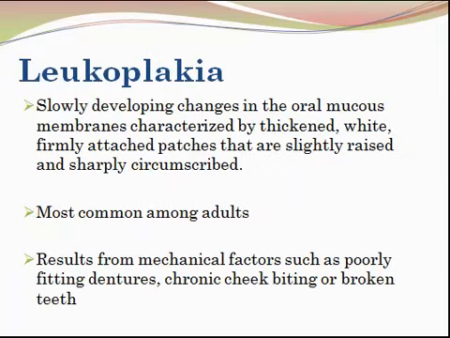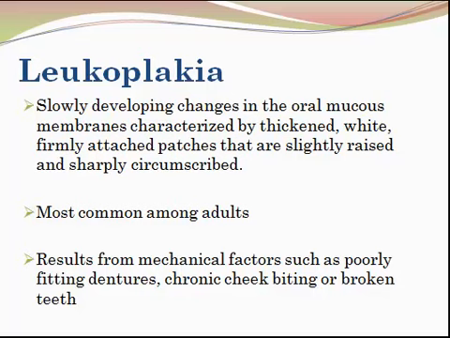Now we're going to be talking about leukoplakia. This is on page 1195 in IGI, and it goes over our oral tumors, but we're not going to be talking about oral cancer this time around. We're just going to be talking about leukoplakia and erythroplakia. Leukoplakia presents as a slowly developing change in the oral mucous membrane that causes thickened, white, firmly attached patches that cannot easily be scraped off.